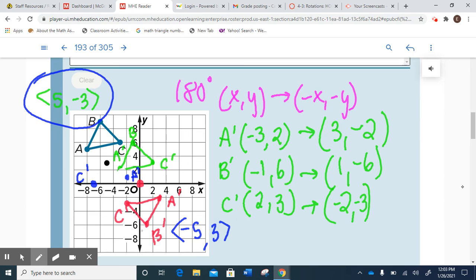And then same thing with this one. I'm going to go backwards 5. 1, 5, and up 3. Oops, that's B.